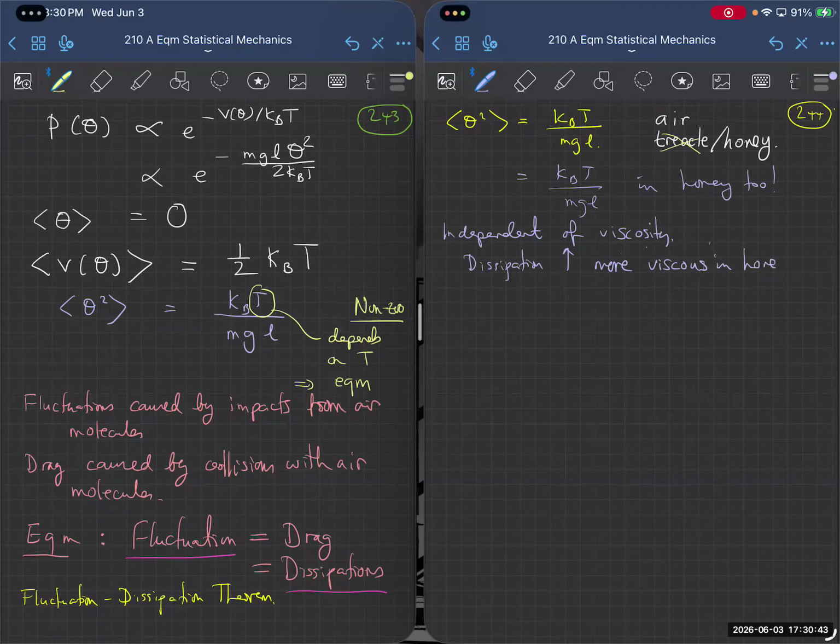But also the fluctuations have gone up because there are more dense particles hitting the pendulum, very roughly speaking. And so they balance in equilibrium. So this fluctuation dissipation theorem is a requirement for equilibrium.